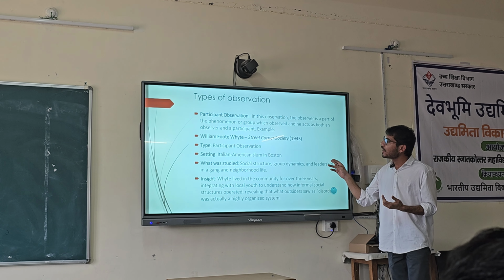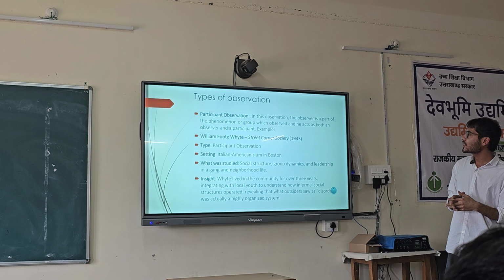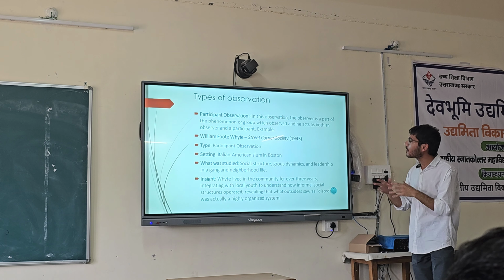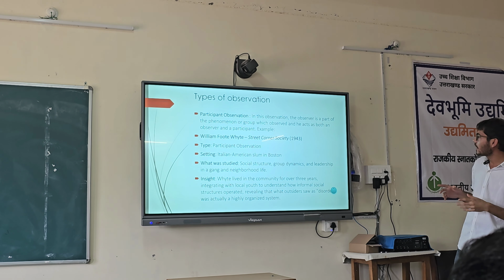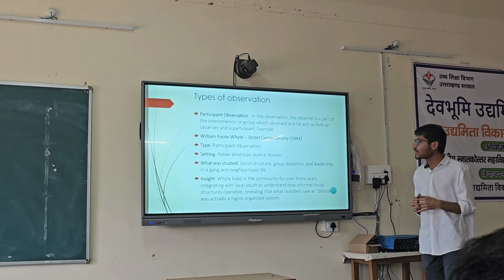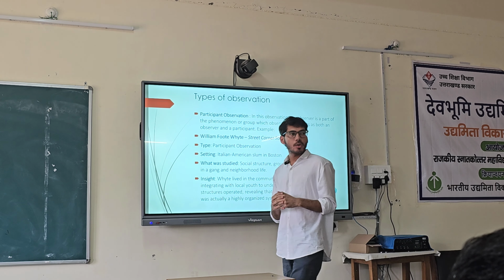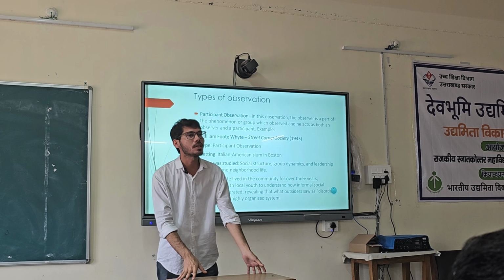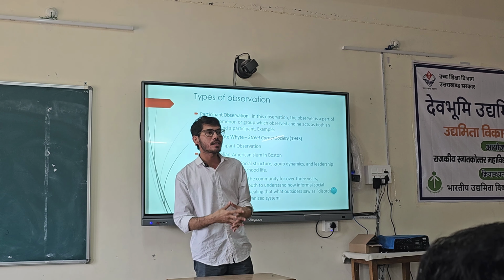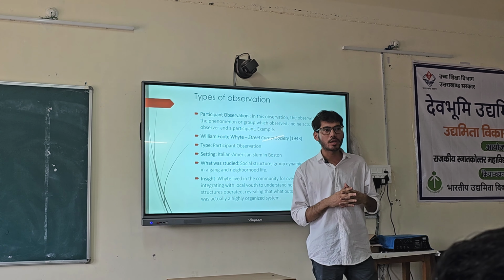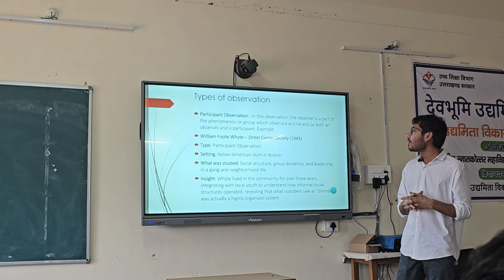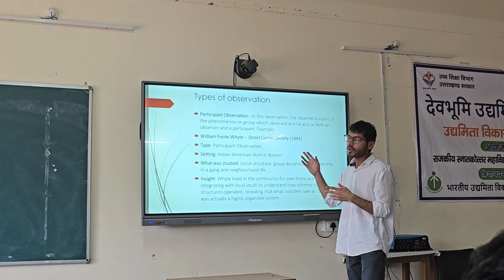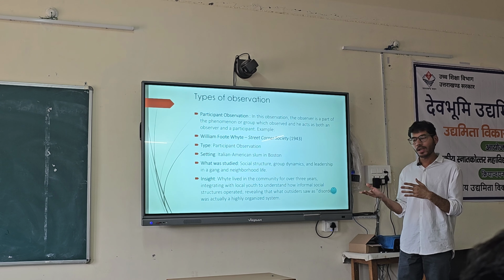He spent over 3 years integrating with local youth to understand how informal social structure operated, revealing that what outsiders saw as disorder was actually a highly organized system. So what he finds out of this study is that people presumed these Italian American slum residents were very disorganized. But when he really studies it through the observation method, he finds out that it's the other way around.